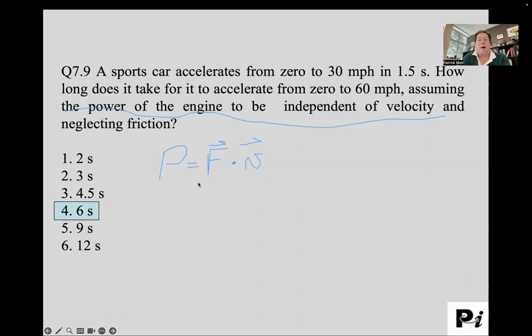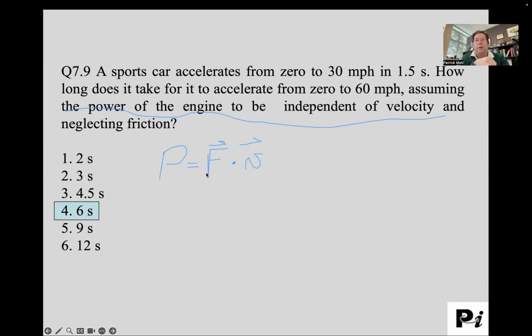So we're told that the power is independent of velocity, but from this equation, it's got velocity on the right-hand side. So for power to be independent of velocity, the force has to be decreasing as the velocity increases to keep the power constant. So you could think of different ways of thinking about how an engine is going to work. In this case, we're talking about the power being constant.